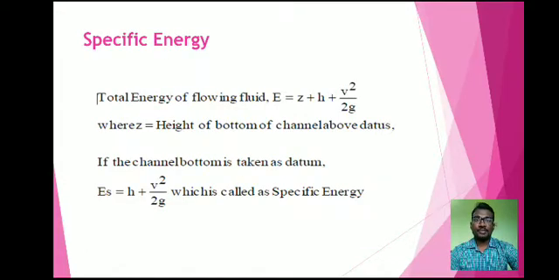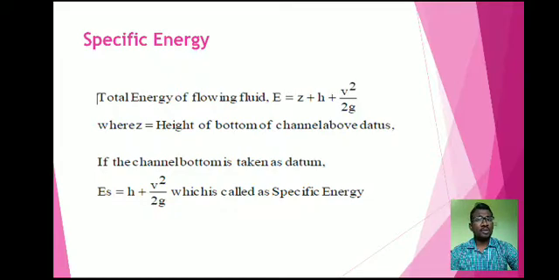Let's see the specific energy. So specific energy is a combination of three energies, that means potential energy, kinetic energy and pressure energy. The total energy of a flowing fluid E equals Z plus H plus V square divided by 2g, where Z equals the height of the bottom of the channel above the datum.